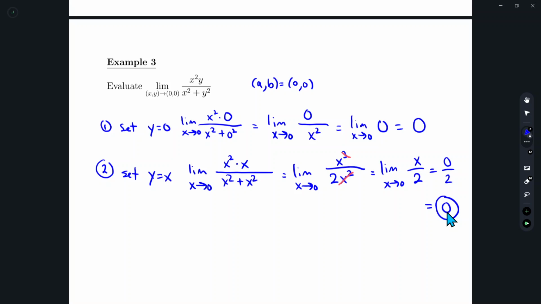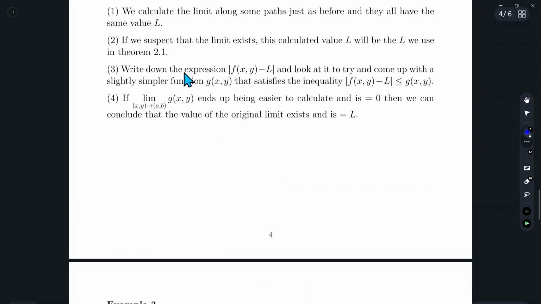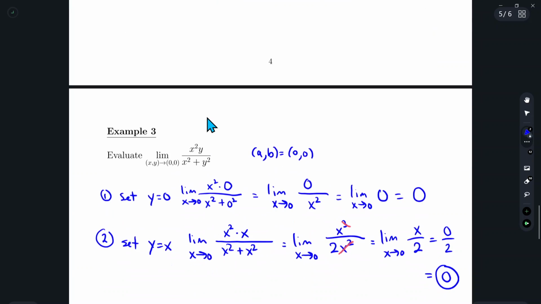Okay, so again, as you were calculating these different paths, sometimes it's not obvious at all whether we should think that the limit doesn't exist and continue trying, or we should think that the limit does exist and then go to this procedure here.